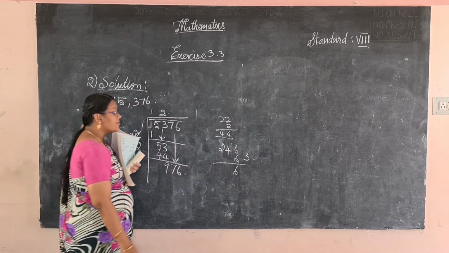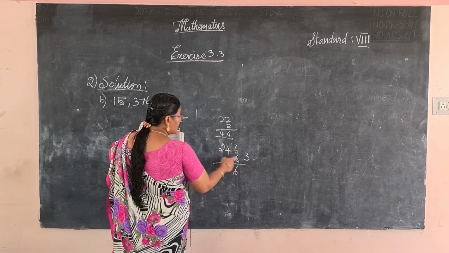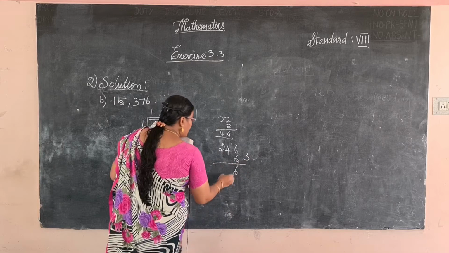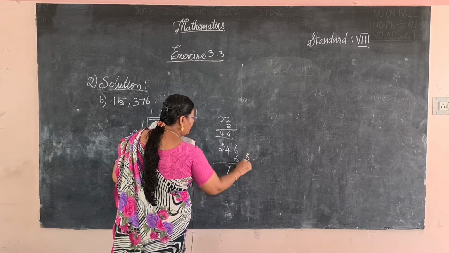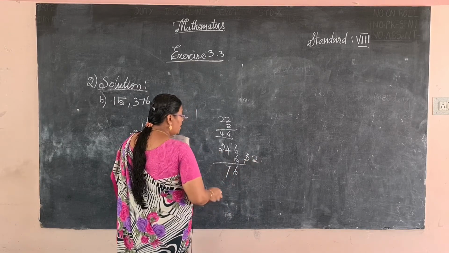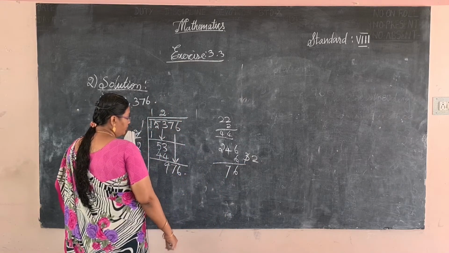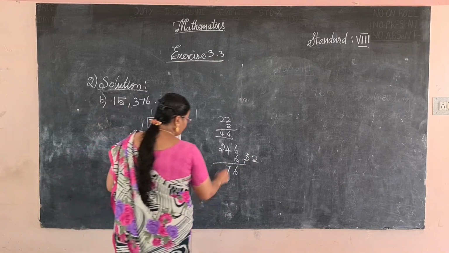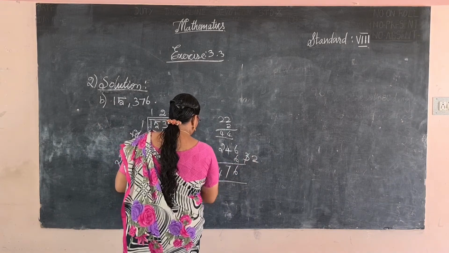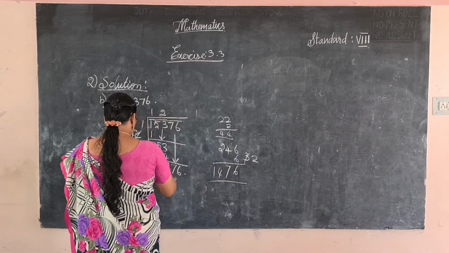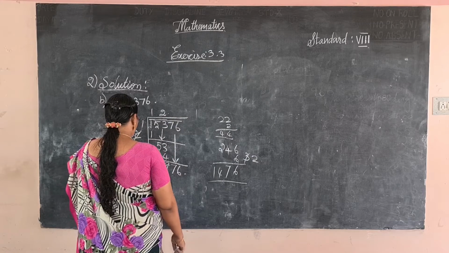6 6s are 36, 6 and 3 remainder. 6 4s are 24 plus 3 is 27. 6 2s are 12 plus 2 is 14.